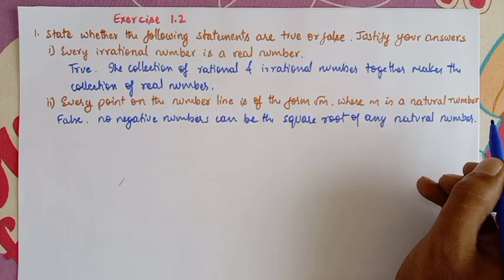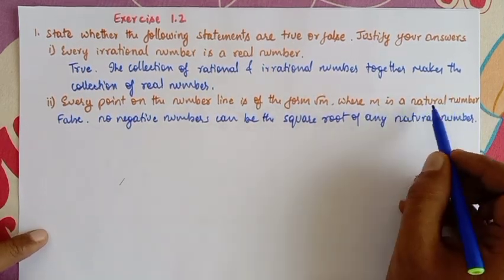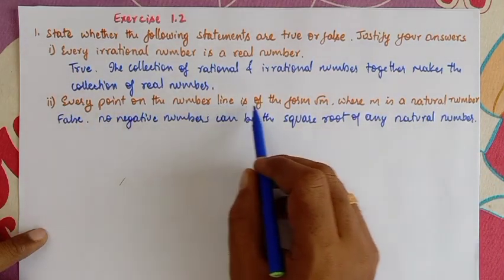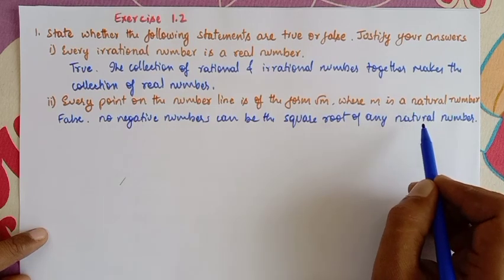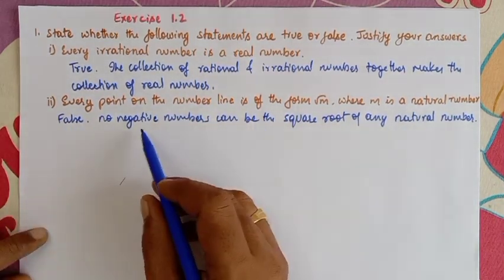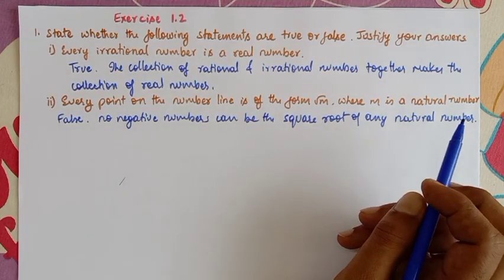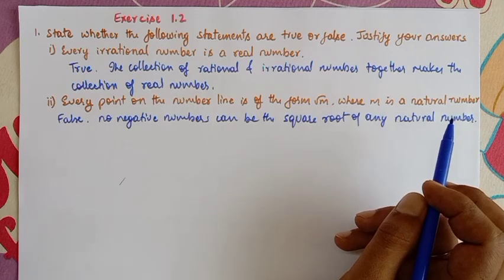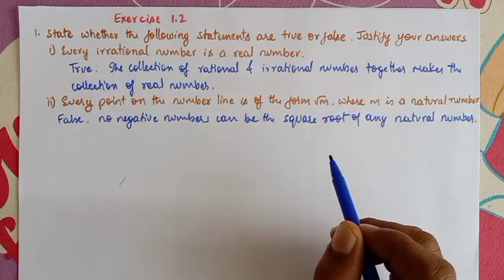If it was written as every point on the number line is of the form root m, where m is an integer, then it would have been true. So negative numbers can be the square root of integers.